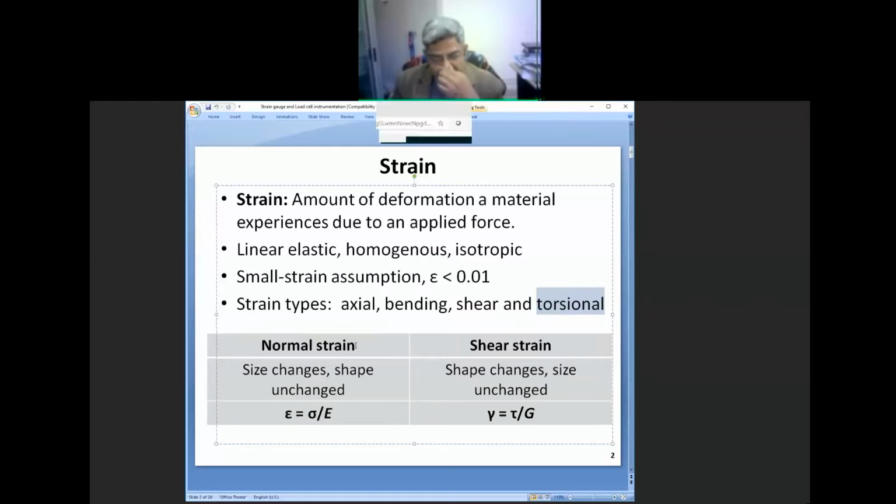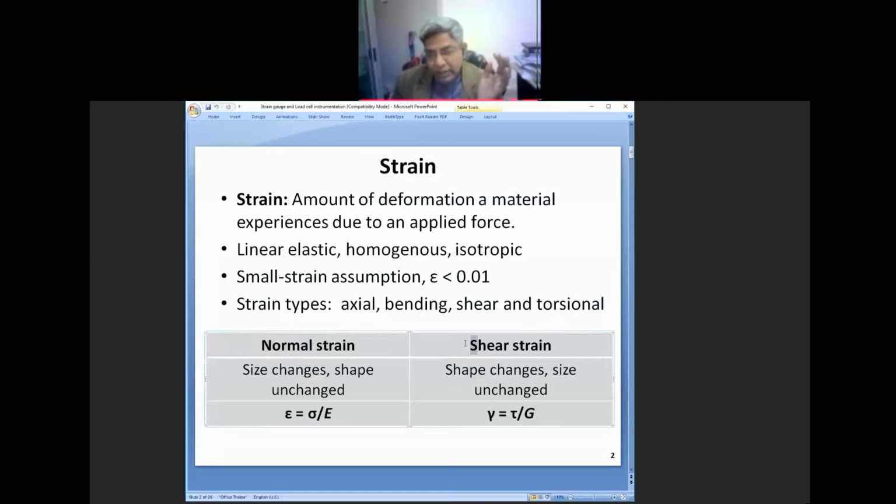Now, one more: normal strain, shear strain. We have certain difference. Normal strain means its size is changing, but shape does not change. So for example, if I have a rectangle and I elongate it, it will still remain a rectangular in shape, but its length and height will change. Shape is still a rectangular shape. Come to shear strain, shape changes, size does not change.